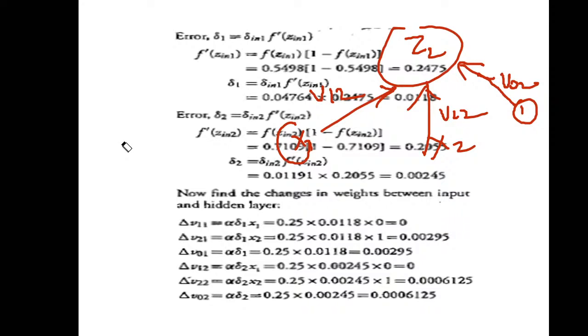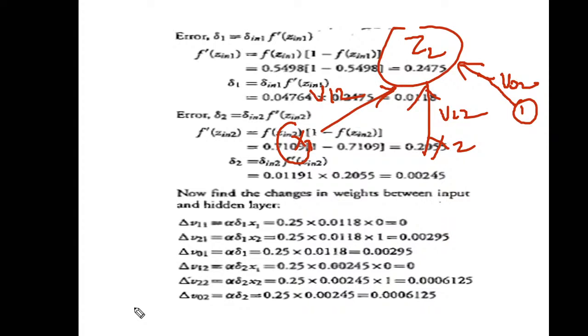So if you see here, delta V11 is 0, delta V21 is 0.00295, delta V01 is 0.00295, delta V12 is 0, delta V22 is 0.00061, and delta V02 is 0.0061. So this is what we calculated, the change in the weights between the input and the hidden layer.